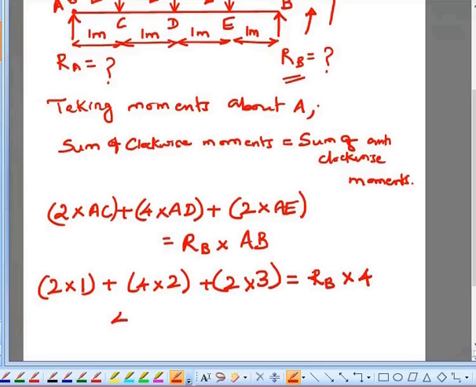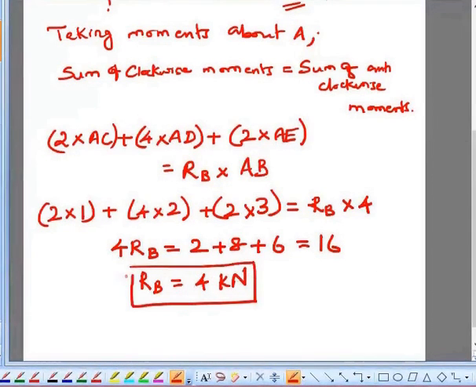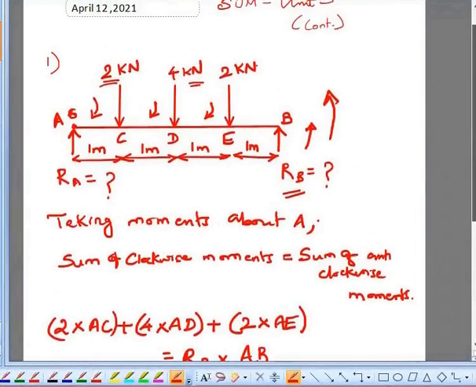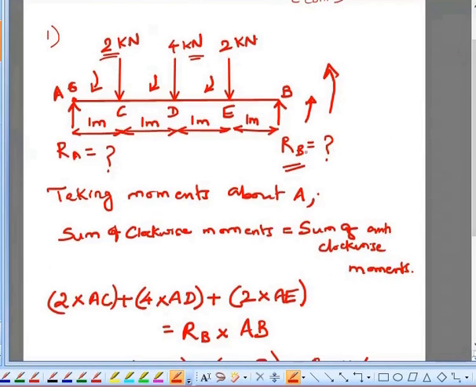So if you solve this, you will be getting 4 RB is equal to 2 plus 8 plus 6, that is equal to 16, or I can say RB is equal to 4 kilonewton. So we have found that RB is equal to 4 kilonewton.